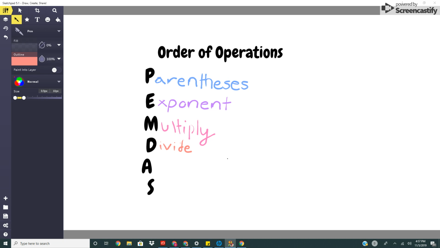Now, the last two letters, A and S, are going to be a little bit difficult for me to explain, but I'm going to try. M and D and A and S are like a pair. When you have M and D, you are going from left to right. It doesn't really matter what order PEMDAS says, multiply then divide.